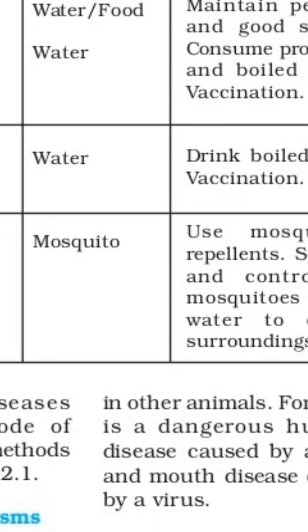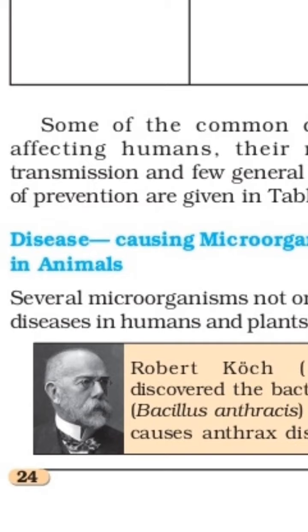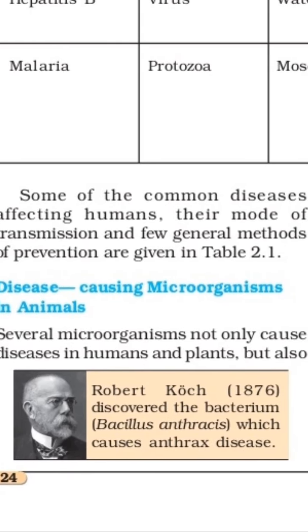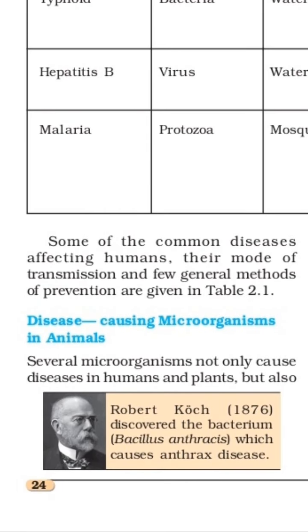Now our next point is disease-causing microorganisms in animals. Several microorganisms not only cause disease in humans and plants, but also in other animals. At first we learned about harmful microorganisms and how they cause disease in human beings.